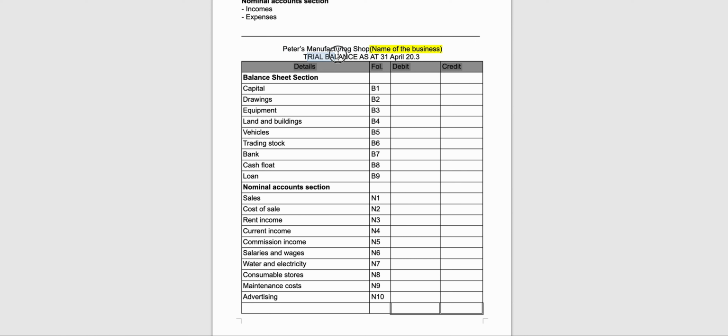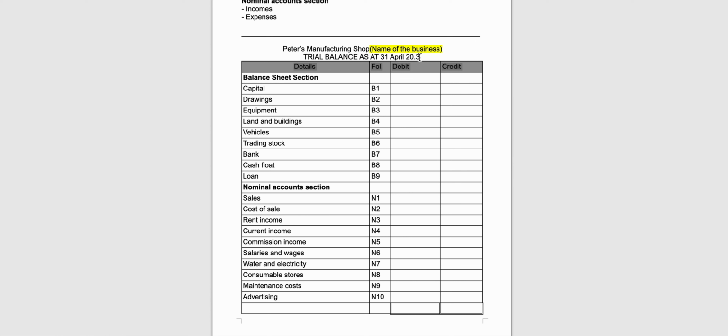So the trial balance is at 31st of April 20.3. In each activity, you will be given the date. They will say prepare a trial balance as at or for the 31st of April 20.3, or the date will obviously not always be the same.